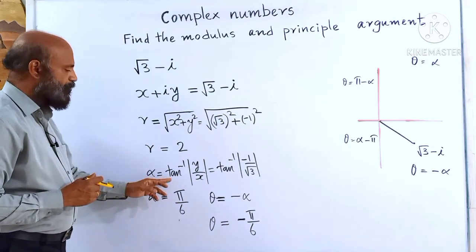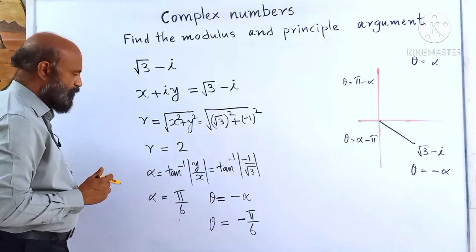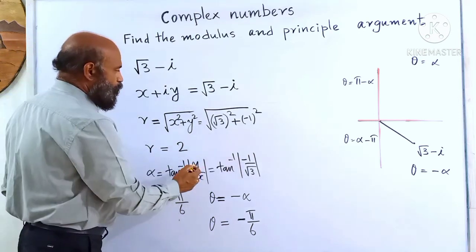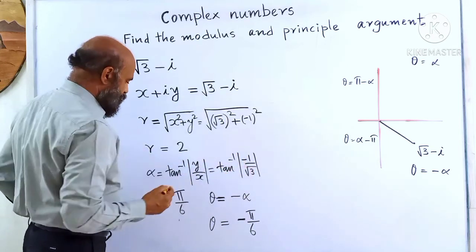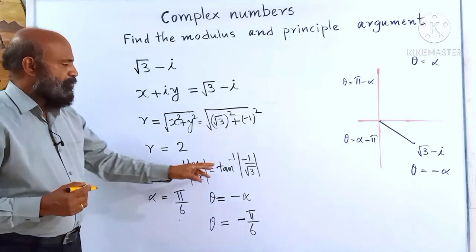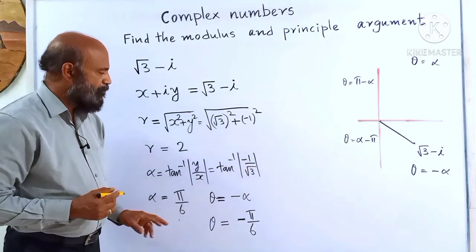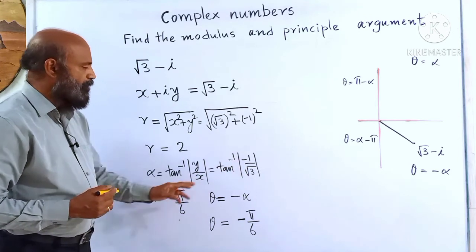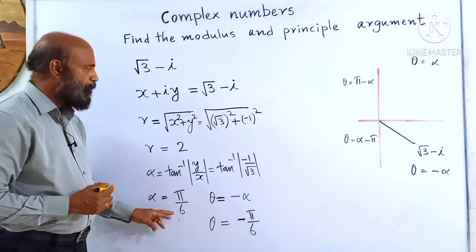Alpha is tan inverse of modulus of y by x. Y is minus 1, x is root 3. So the modulus of minus 1 by root 3 is 1 by root 3. Tan inverse 1 by root 3 is pi by 6. So alpha is pi by 6.